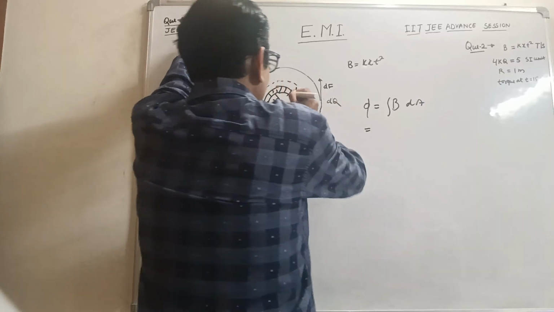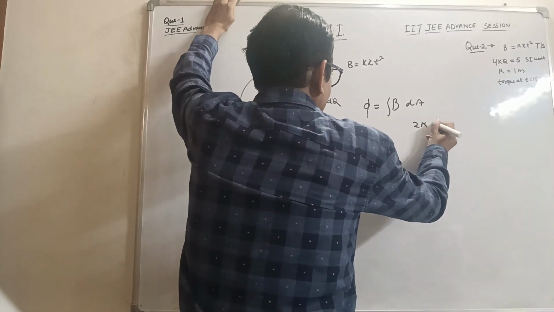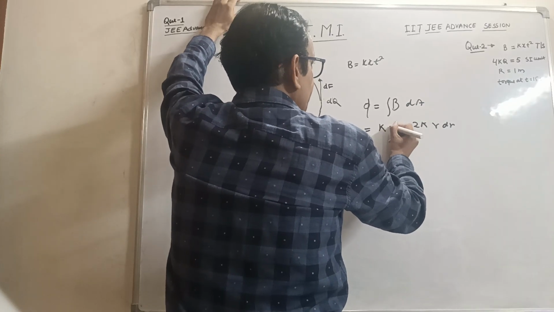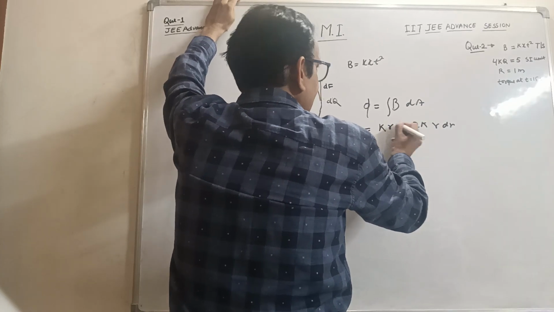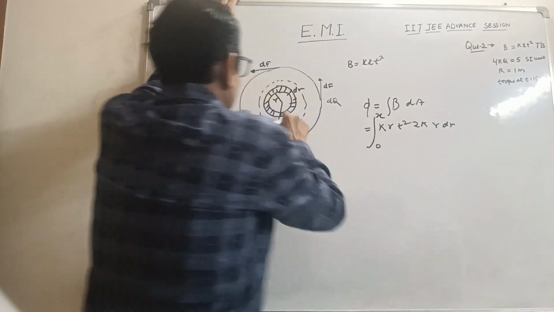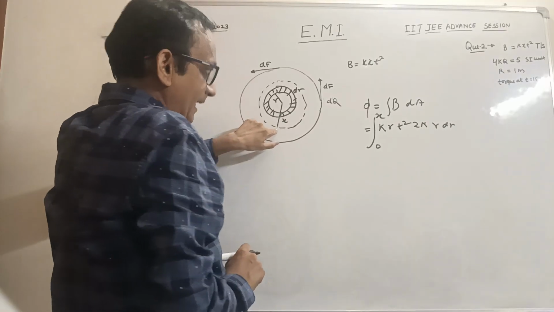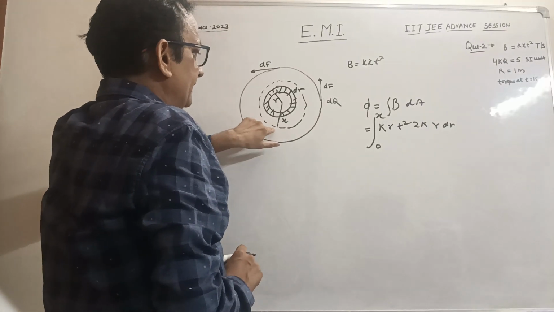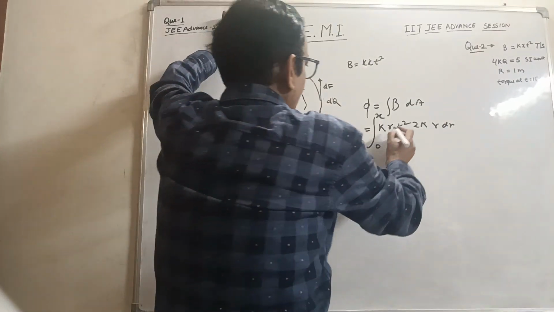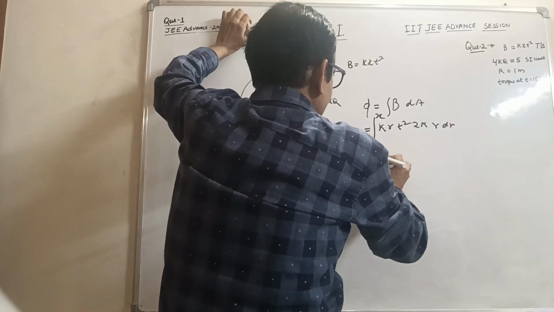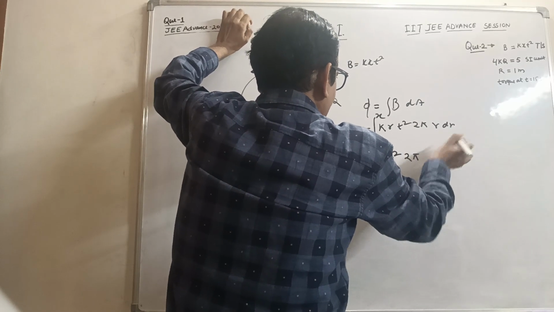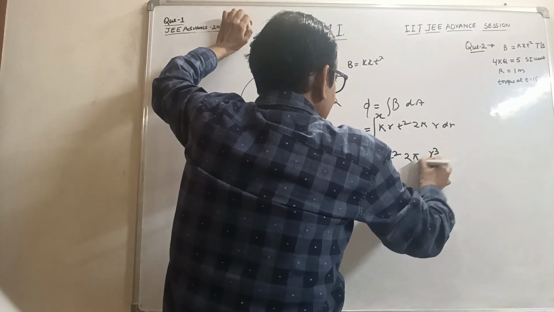So dA will be 2 pi r dr, and the magnetic field is given as k t squared, so it becomes k r t squared, integral from 0 to x. At the moment when the radius is x, the magnetic field is switched on. So on integration, k t squared 2 pi, this becomes x cubed by 3.